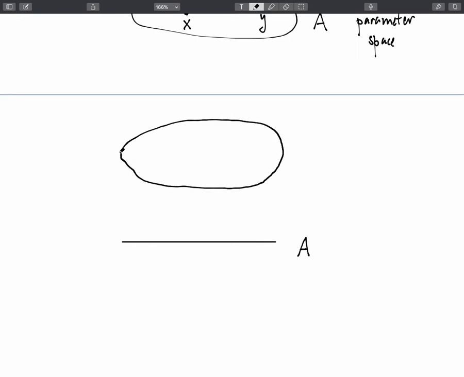The way you think of this is, given a parameter here, I have up here the fiber or the space B of x. So for instance, over here, my B of x is very small. Say this is like y. B of y here is kind of small.